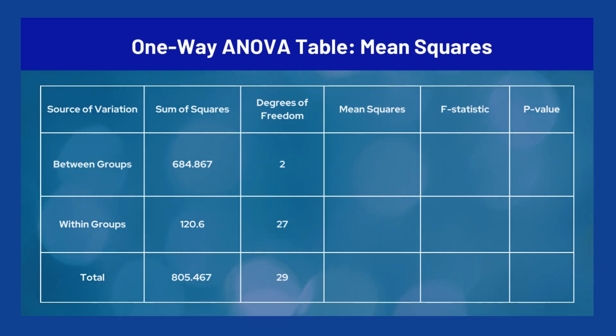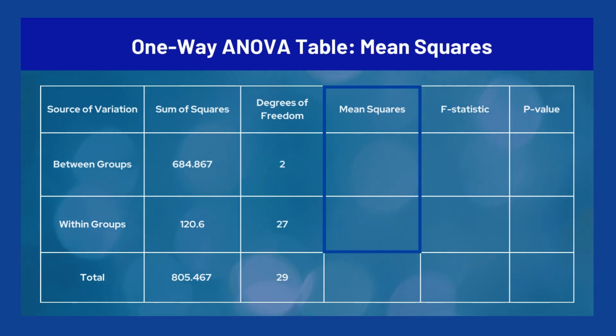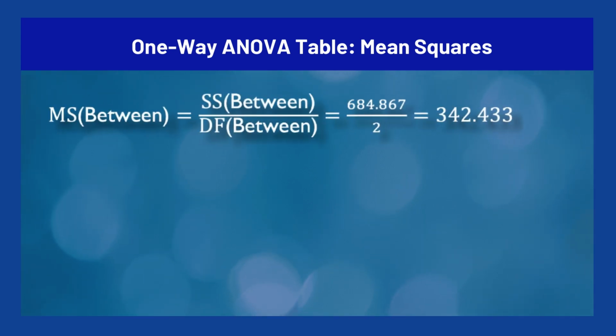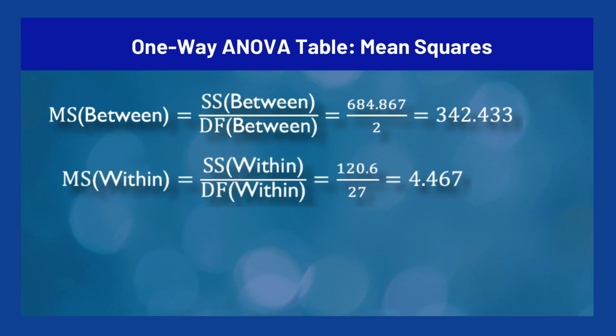Now, we can estimate the variance between and within groups by calculating the mean squares from their respective sums of squares and degrees of freedom, by using the following formula. The mean squares between groups is 342.433, and the mean squares within groups is 4.467.